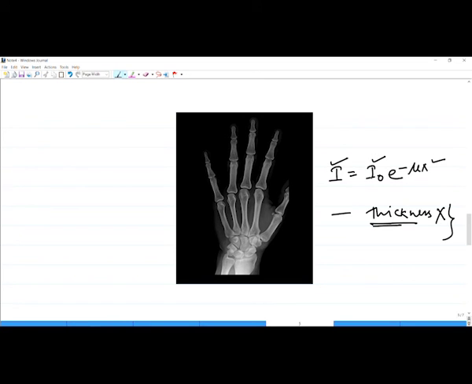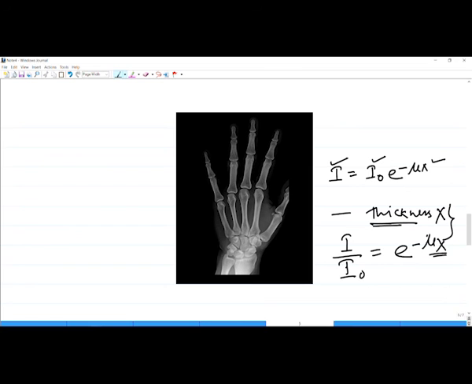So, the initial intensity falls on the material, and then it goes through the thickness of the material, and this is the decrease that you see, I by I naught, and this decrease is exponential with respect to the distance that the X-rays travel.